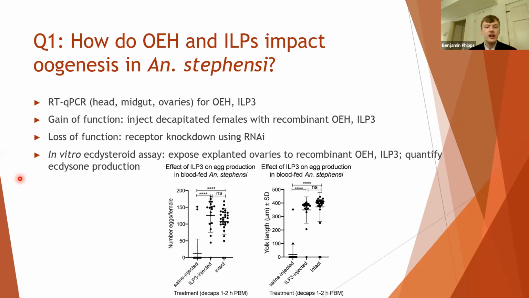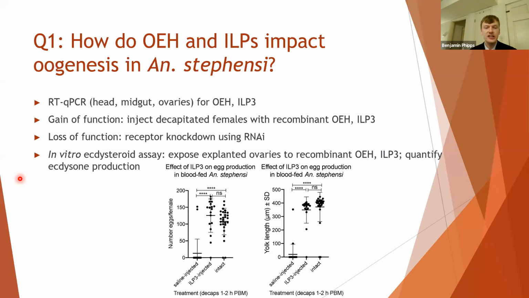I'll further probe the roles of these hormones in stimulating egg production by knocking down their putative receptors using RNAi, and I expect that in these females, this will abrogate egg production.